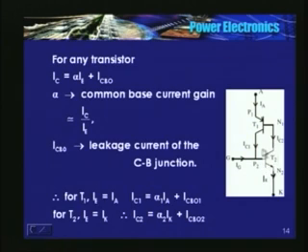Now how about T2? T2 is an NPN transistor, whereas T1 is a PNP transistor. IE is equal to IK, the cathode current. Therefore IC2 is equal to alpha 2, the common base current gain of T2, into IK plus ICBO2.